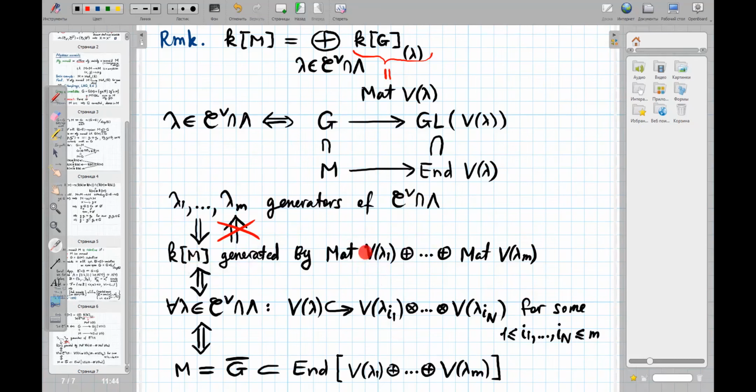We can take even a smaller space if we are lucky. But anyway, if we take this space of matrix entries generating the coordinate algebra, then M is recovered as a submonoid in the endomorphisms of this representation space, given by just taking the closure of the group G acting on this representation space. This is an explicit construction of a monoid M from its cone.